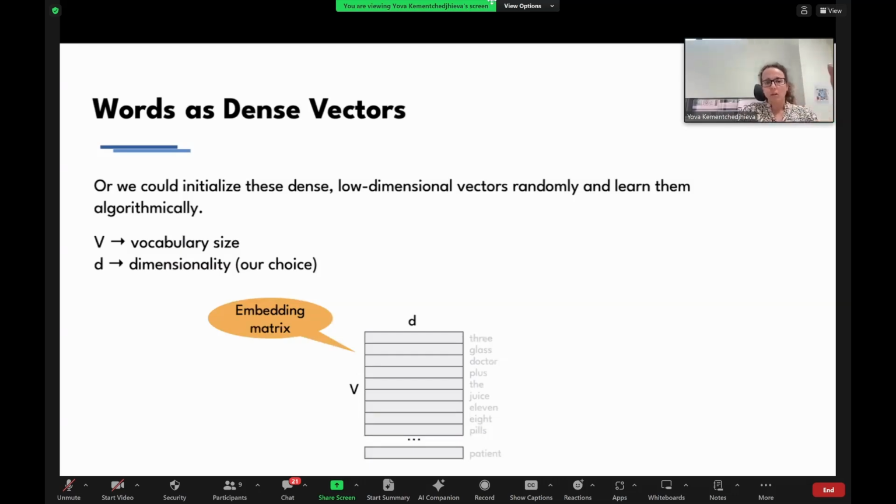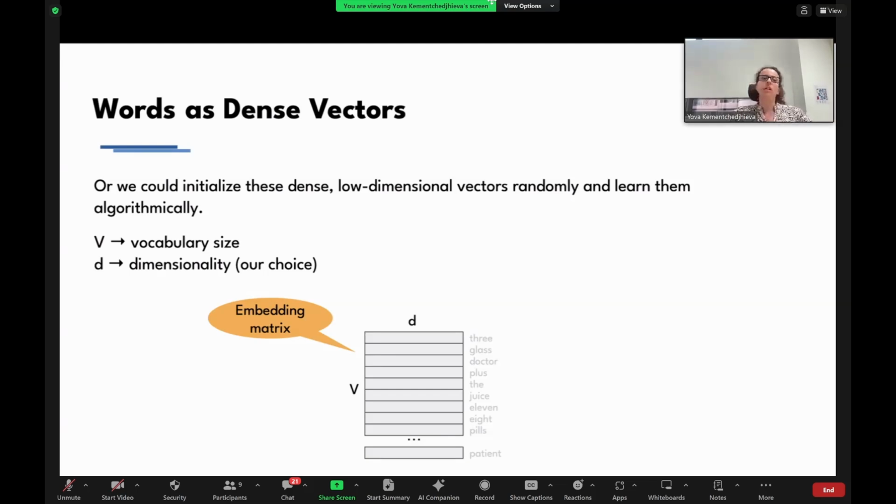So, I will now talk about word2vec, in case you've heard about that. This is a way to initialize dense low-dimensional vector representation of words randomly and learn them algorithmically through gradient descent. So this is what our embedding matrix would look like. The size of it is V by D, where V is the size of the vocabulary that we've extracted from our text corpus, and D is just a dimensionality that we choose as appropriate for our word vectors.